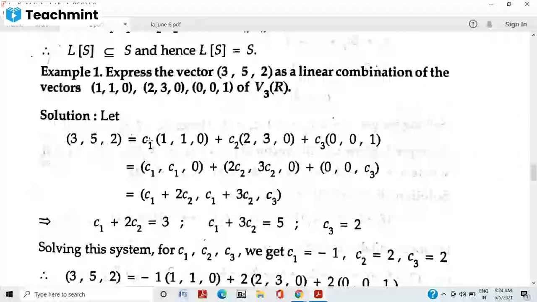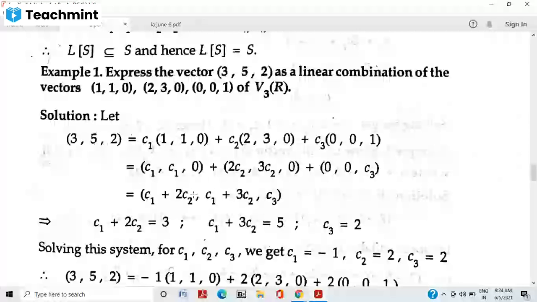Here the first element is C1 plus 2C2. You can write it directly, no need of this step. Second element, what do we get? C1 plus 3C2. Third element: here 0, here also 0, then the third element is C3.